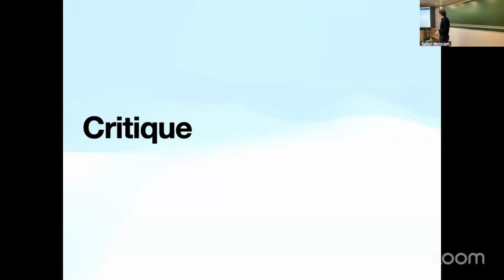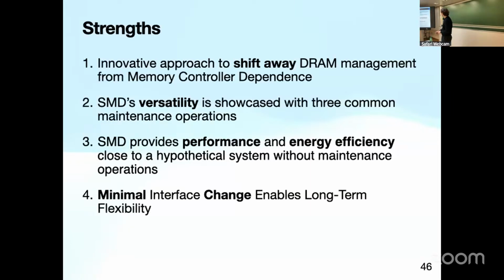Now to the critique of the paper. Those are the strengths. I believe that SMD is an innovative approach to shift away the DRAM management from the memory controller and allow for more DRAM-centric control.